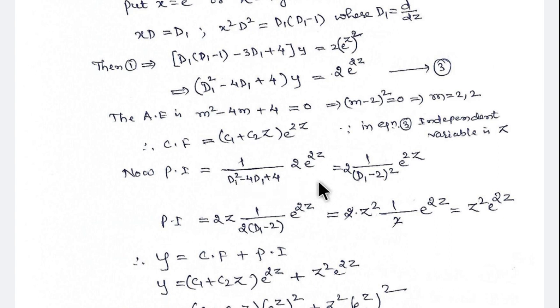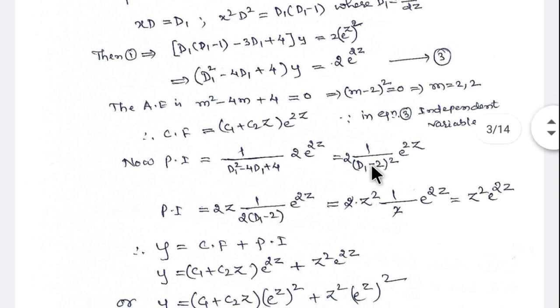This is the expansion of (D1 minus 2) whole square, and the constant 2 you write as it is, 2 into e raised to 2z. If you substitute 2 in place of D1 here, it becomes 0: 2 minus 2 is 0, so the denominator becomes 0.